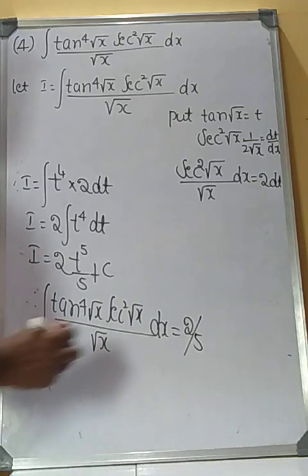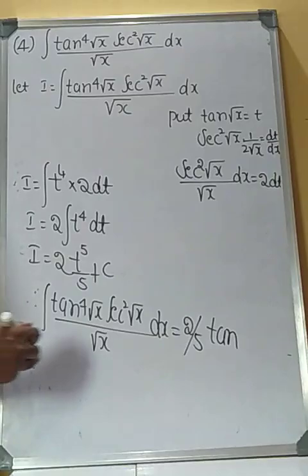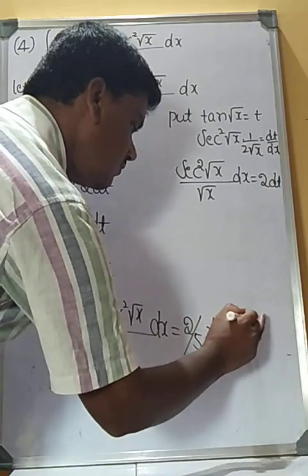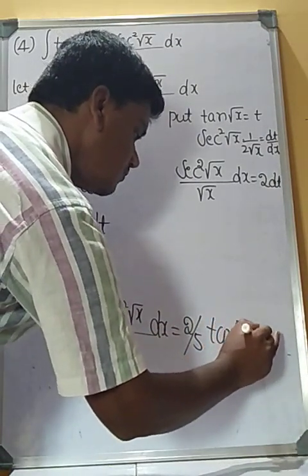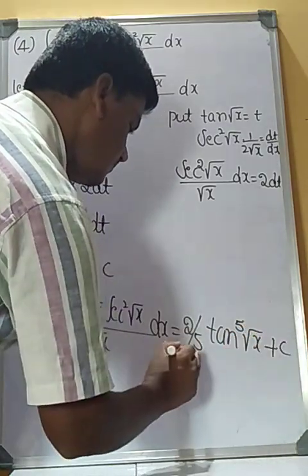What is t? t is tan √x, so we can write (2/5) tan^5(√x) + c.